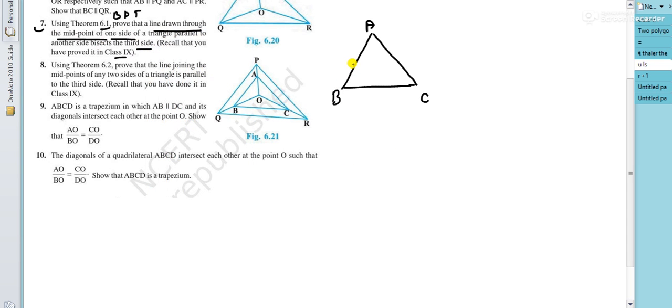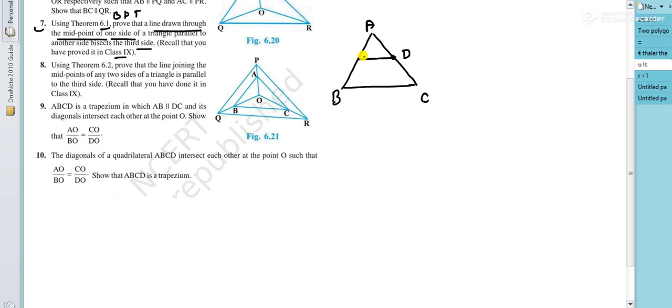See, if a line is drawn through midpoint, so let me draw a line through midpoint of, for example, AC. I'm drawing. This is the point D. Now a line is drawn through midpoint of one side of triangle, and that line is parallel to another side. For example, let it be parallel to BC, like this.